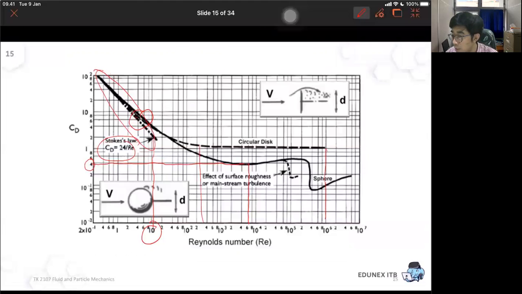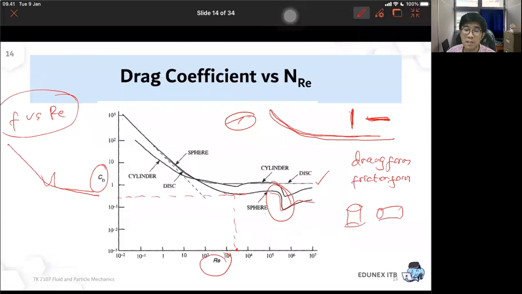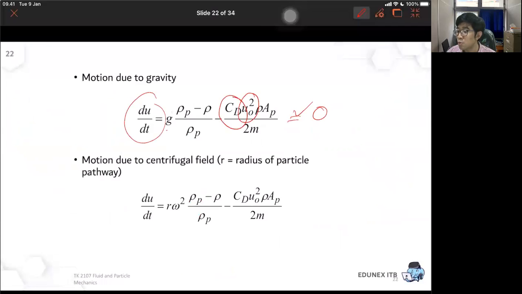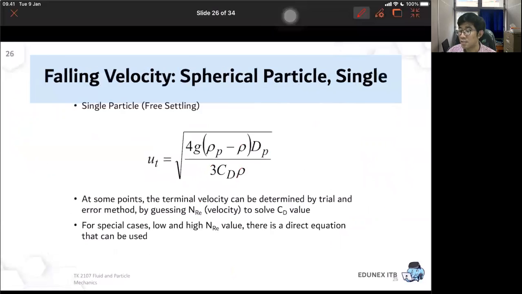It's longer. If you have a sphere, where is 500? From this one to this one. For 500 until 200,000, you can consider the graph to be in the horizontal line. Other than that, you need to do the iteration.